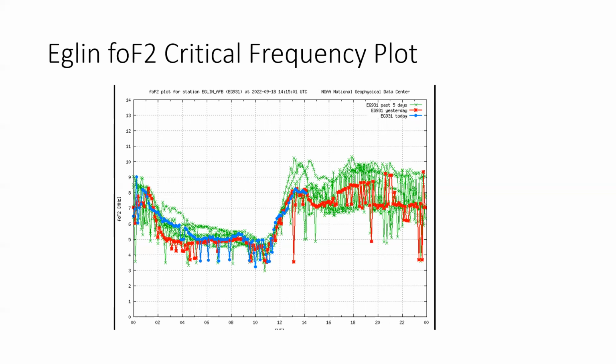The red trace is the previous day. And all the other little squiggles are from the last 5 days. So as you can see, well, this is in UTC. So a couple of hours after the UTC day begins, things are still good.